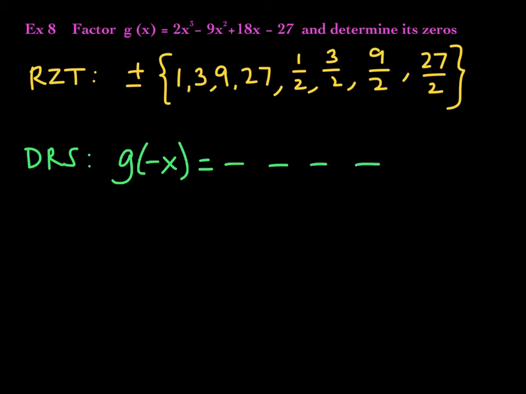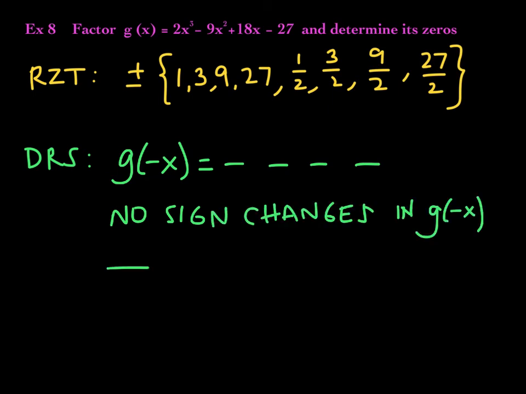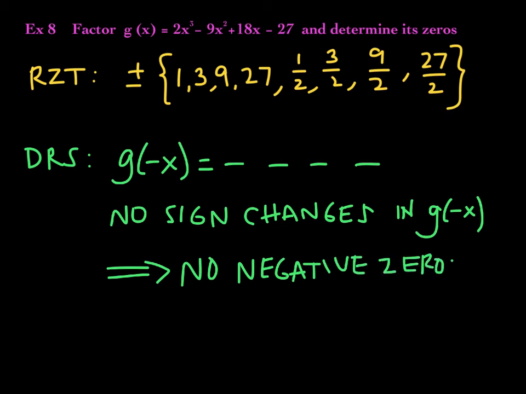So what I see right away is there are no sign changes in g of negative x, which leads me to the fact that there are no negative zeros. Now, this is fantastic news, because what that does is it takes this list and cuts it in half. Take out all of the negatives.